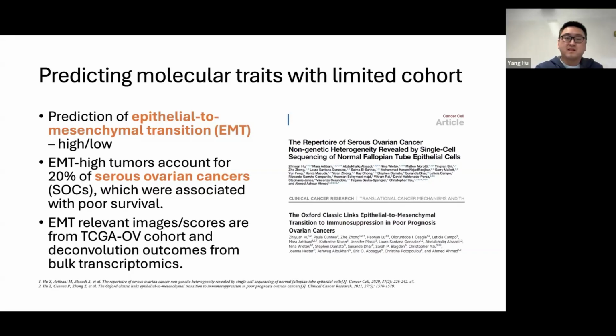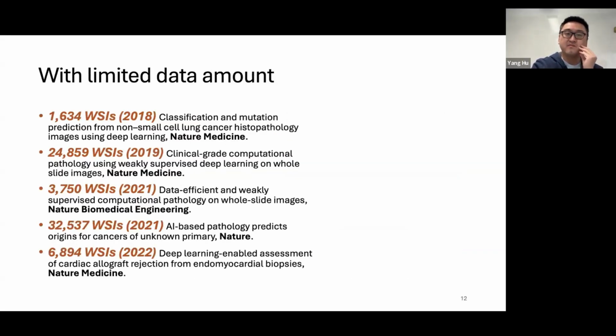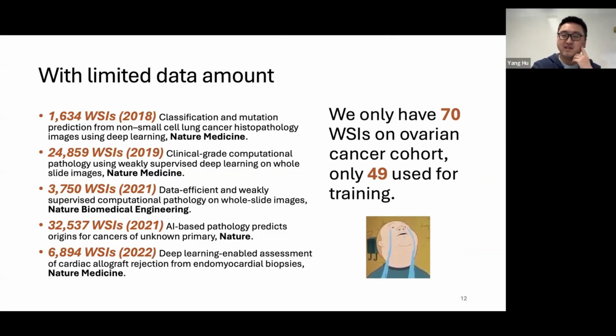We even have some proof of concept work published by other people in our collaborative group, in Cancer Cell and Clinical Cancer Research. But the problem is that the existing methods are all based on at least more than 1,000 whole slide images, while we only have 70 whole slide images in our ovarian cancer cohort.